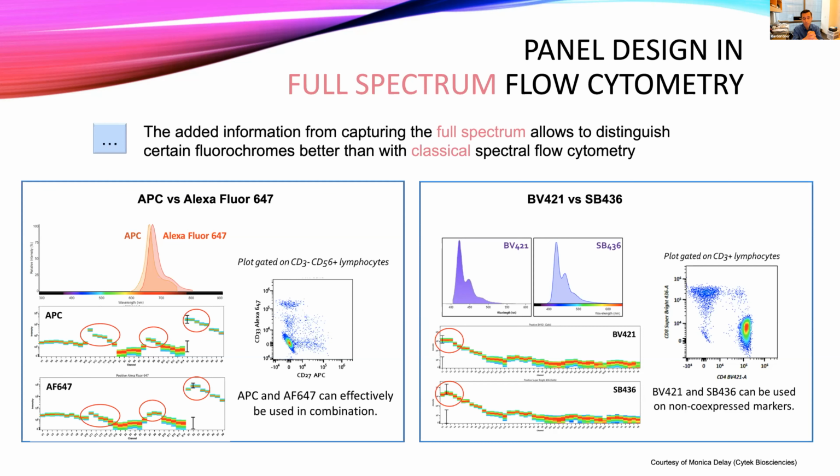No, of course, like I said, we still follow the same rules, and the best practices in panel design are to use fluorochromes that are as separate as possible in their wavelength. But of course, when you have 20, 30 markers altogether, it's difficult to find 30 fluorochromes that completely separate.